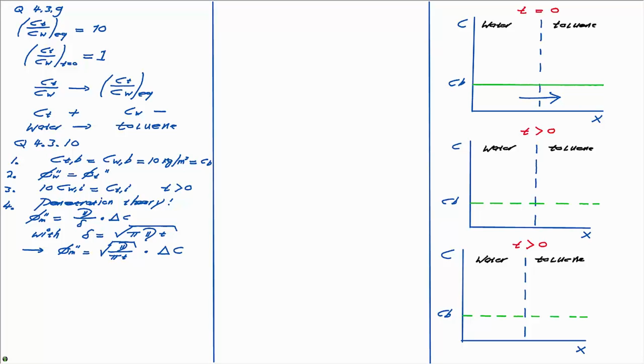Then, if we start by combining 2 and 4, we get the following. Then multiply by the square root of pi times t and take the diffusion coefficient of water is 4 times the diffusion coefficient of toluene.